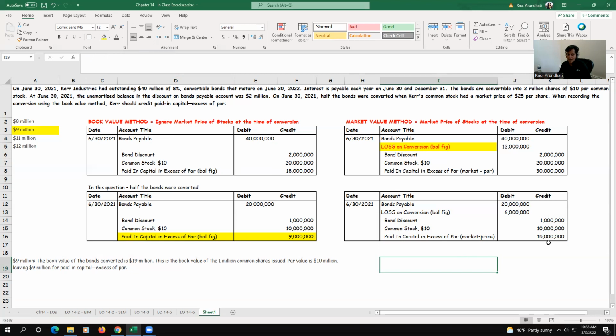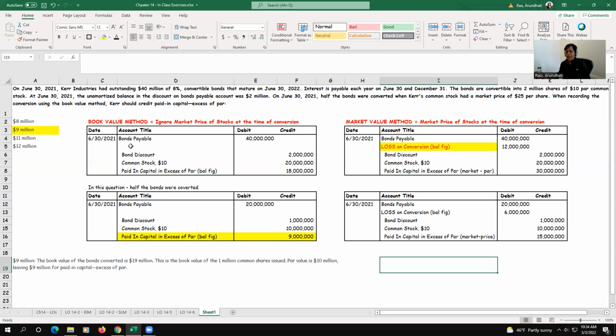Once again, what you need to note carefully is that in the problem, they're telling us we have to use the book value method. So always read through very carefully which method we're being asked to use. A majority of companies use the book value method, but both methods are allowed, so you do need to know how to work with both.